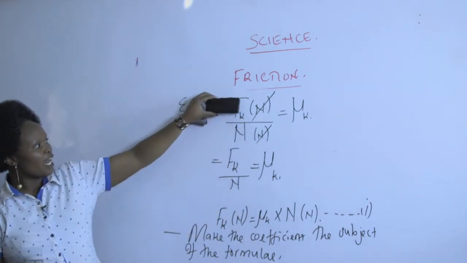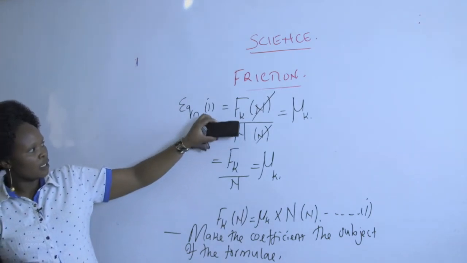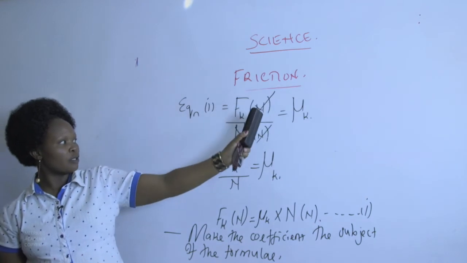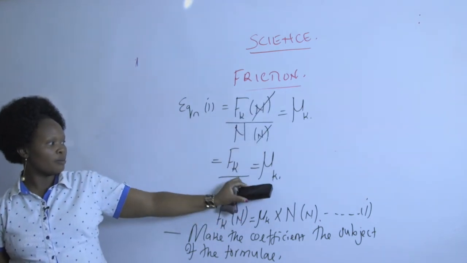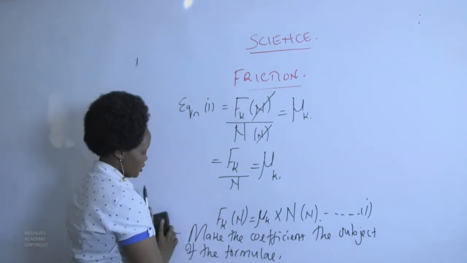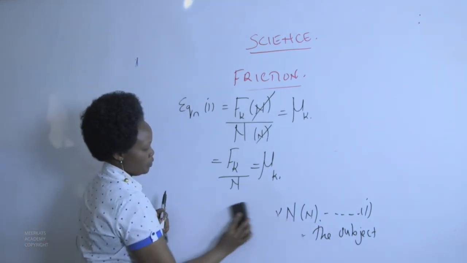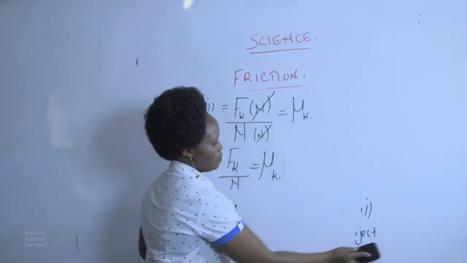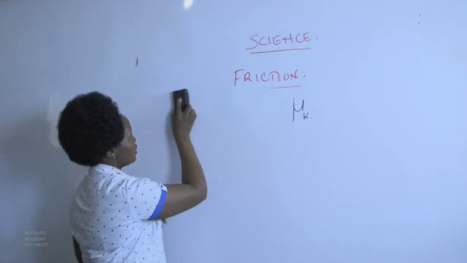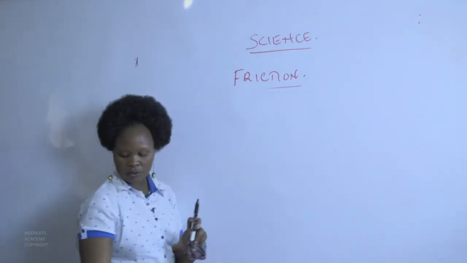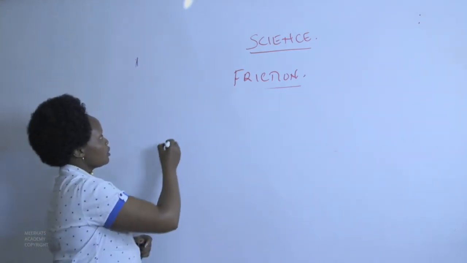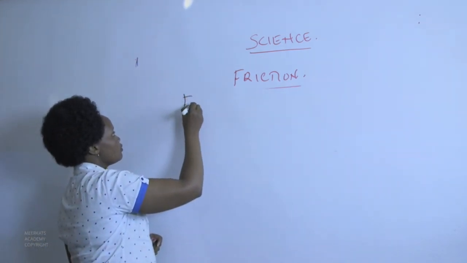Therefore, we have two forces and we are getting their ratio, so we can cancel the units to come up with the coefficient which does not have units. Now, the same case will apply to the coefficient of static friction. It also doesn't have units. I want to give you an example too.